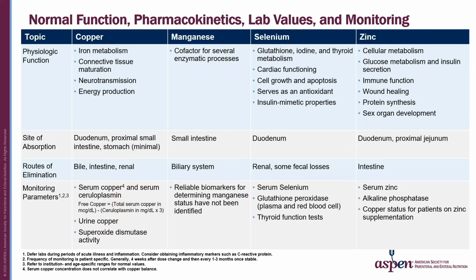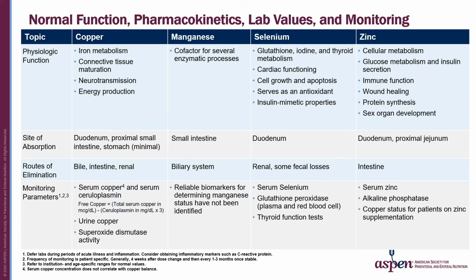Manganese is a cofactor for several enzymatic processes and is absorbed in the small intestine and is eliminated via the biliary system. Reliable biomarkers for determining manganese status have not yet been identified. Selenium is involved in glutathione, iodine, and thyroid metabolism, cardiac functioning, cell growth, and apoptosis.